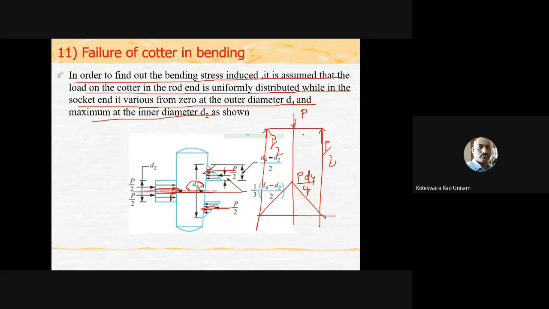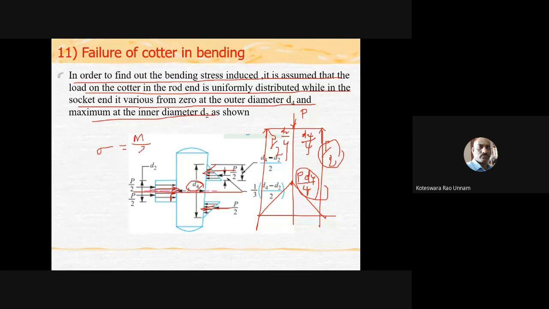This is P by 2, here it is P by 2, then this distance is D2 by 4, and this distance is also D2 by 4. At this location the bending moment is P by 2 into D4 by 2, so P into D4 by 4 is going to be the bending moment. Once I know the bending moment, I can calculate the bending stress, sigma equal to M by Z.